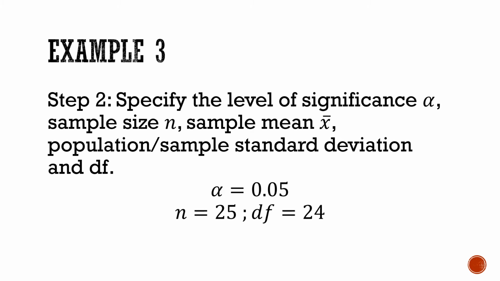And for us to compute the degrees of freedom, we just subtract 1 from our sample size, which is 25. Meaning to say the degrees of freedom is n minus 1 or 25 minus 1 equals 24. Our sample mean is 82.92 and the sample standard deviation as I computed is 4.6. So these two are based on my computation.